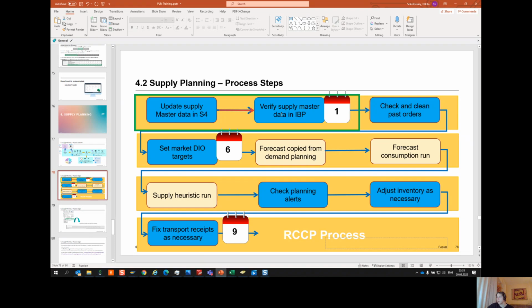So the data required for supply stage and for demand stage is just a different data set. So yes, after all the master data is synchronized and verified, they need to clean the past orders, which are no longer required. Then they need to set up some DIO targets.